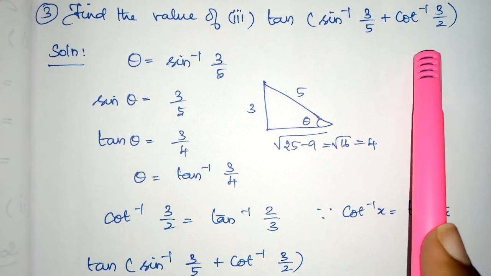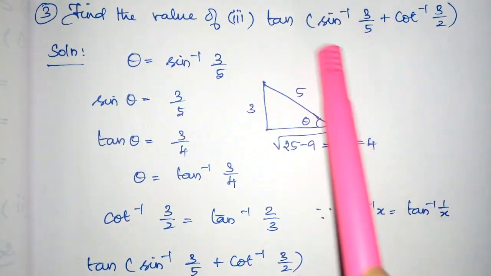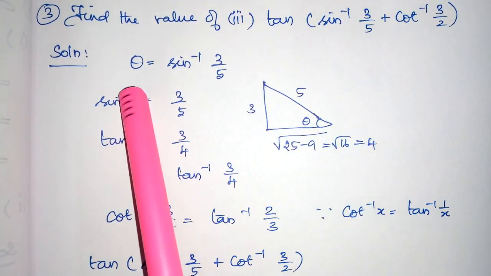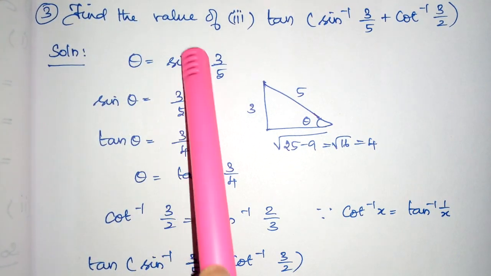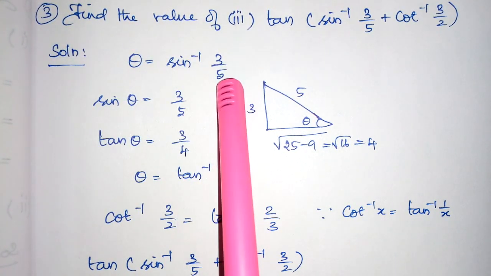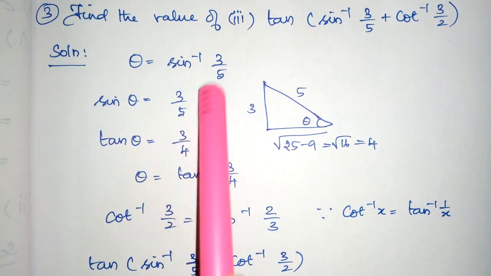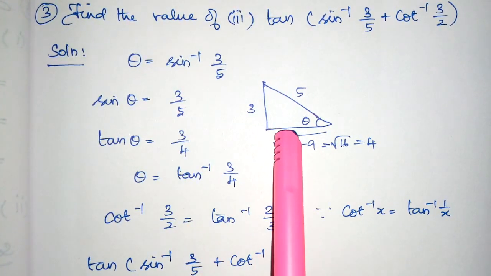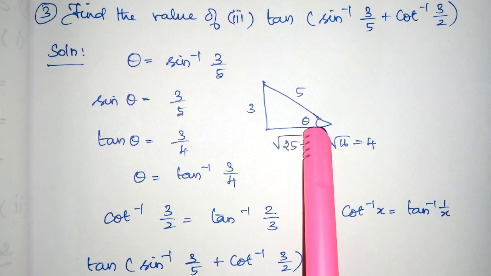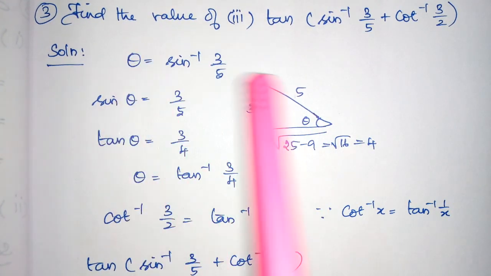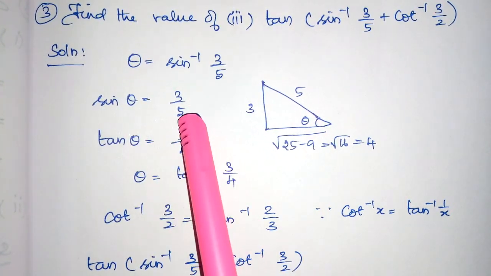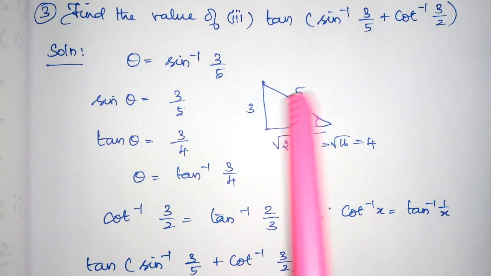Okay, right. Now I'm going to take this sine inverse 3 by 5 as theta. Assuming that sine inverse 3 by 5 is theta, taking the sine inverse to this side, sine theta is equal to 3 by 5. So using the reference triangle, sine theta is nothing but opposite side by hypotenuse. So opposite side is 3, hypotenuse is 5.